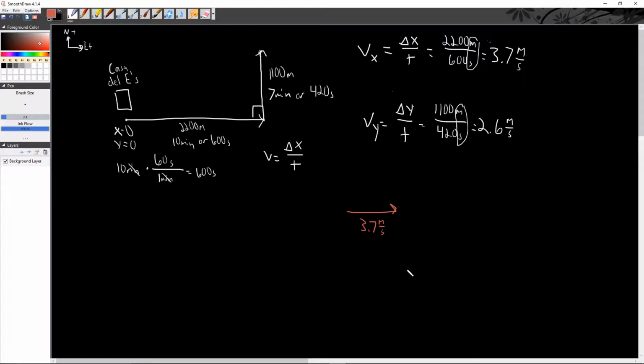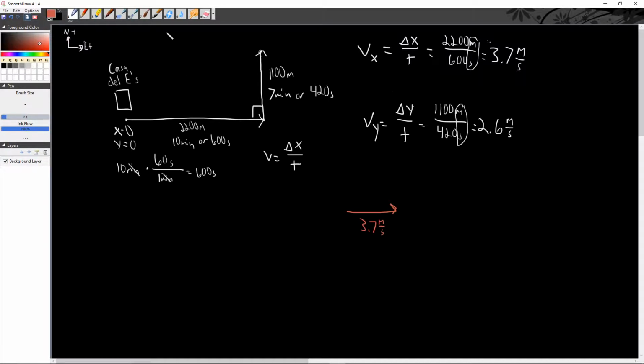Where vector quantities get really useful is I can actually add vectors together, even if they're not going along the same direction. And to do so, I'm just going to take my vectors and plot them head to tail. So I could have started with the y vector. I start with x. This works either way though.